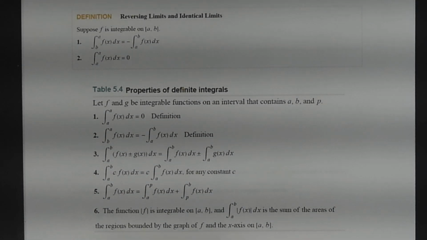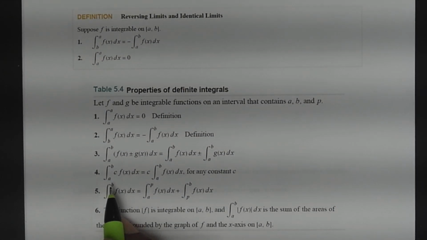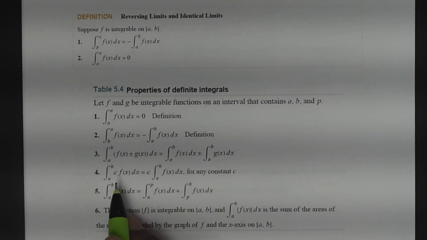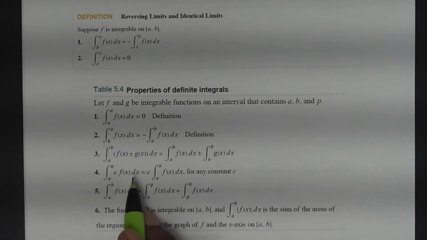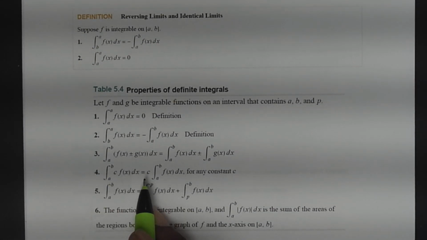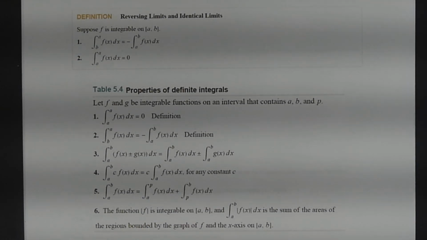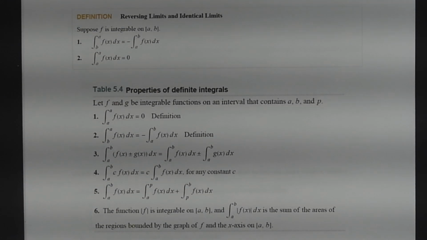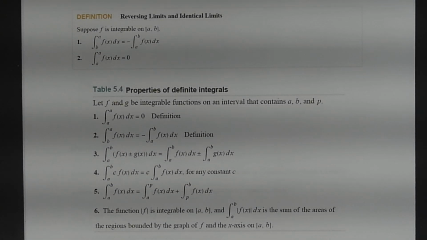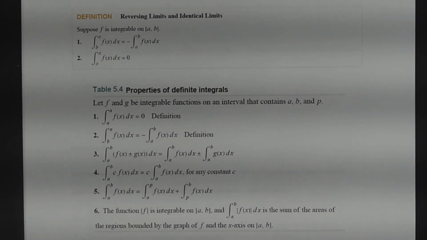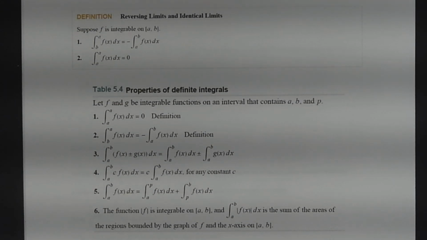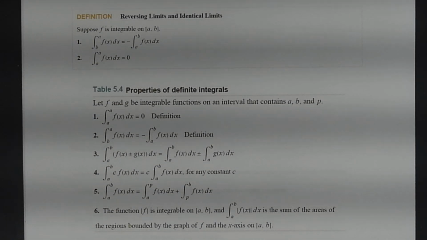And then number 4 is that constant multiple rule, the integral from a to b of c times the function f of x dx. I can pull the constant out in front, so it'll be c times the integral from a to b of f of x dx for any constant called c. Now number 5, I have the integral from a to b of f of x dx.